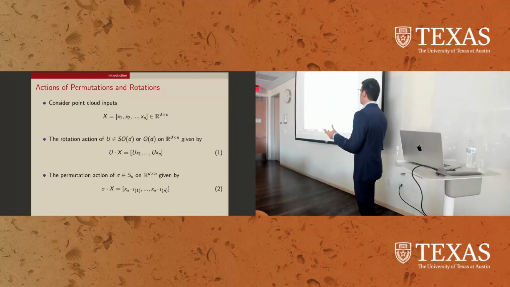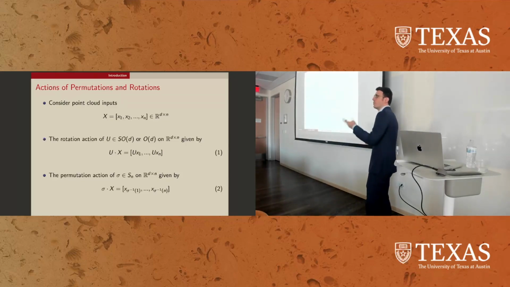So this consists of, say, n identical particles in R^d, and the identical particles are captured in the fact that we want things to be invariant or equivariant to permutations, and the rotation action corresponds to the fact that our output should be invariant or equivariant to rotation.